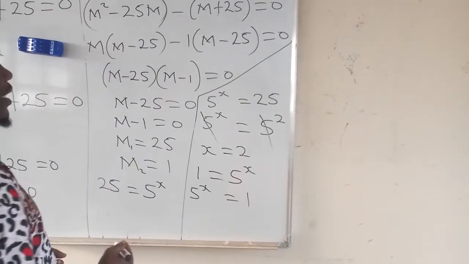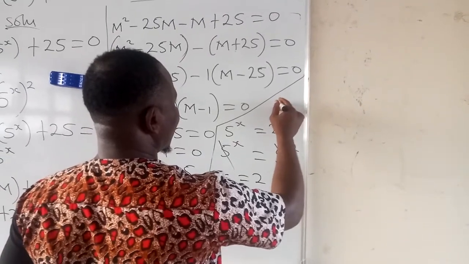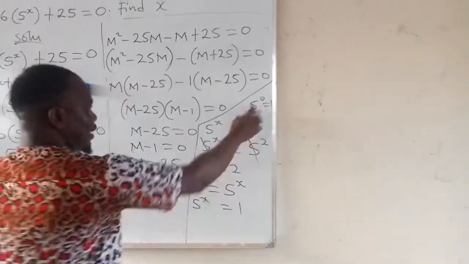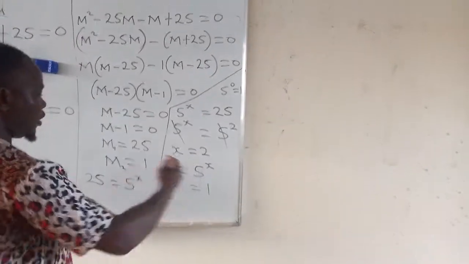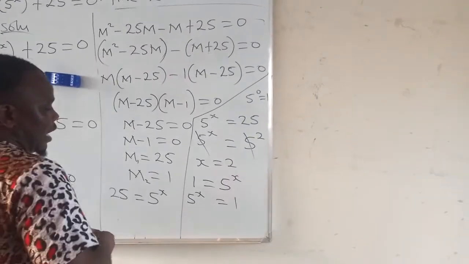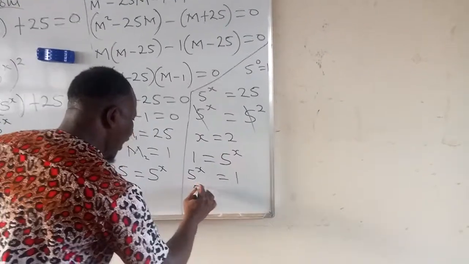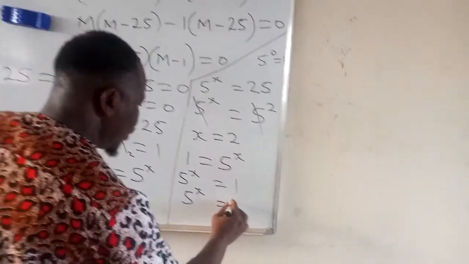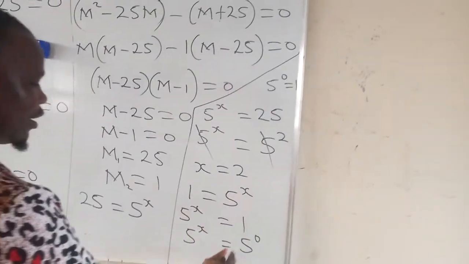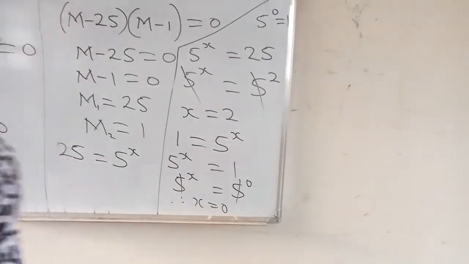But note that anything raised to the power 0, assuming 5 raised to the power 0, will give us 1. We want both the left and the right hand side bases to be the same. So we now equate 5 raised to the power of x equals 5 raised to the power 0. It means this is the same thing as this. So this and this will go. Therefore, our x is equal to 0.